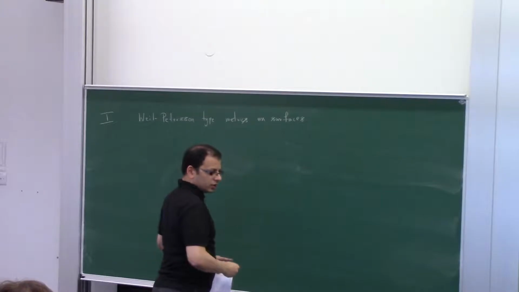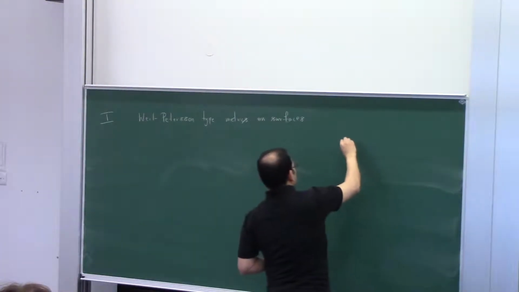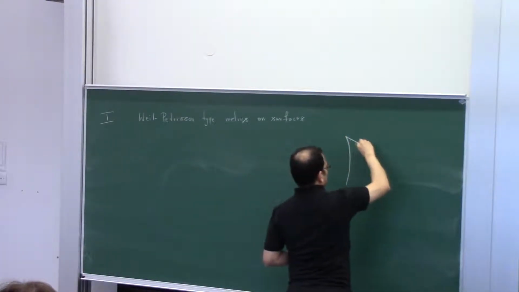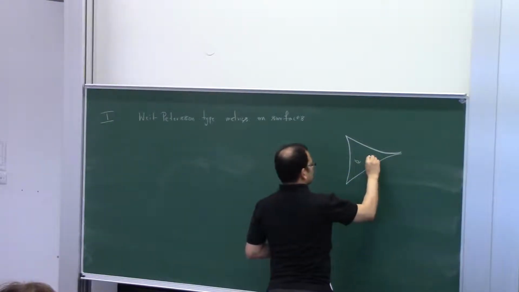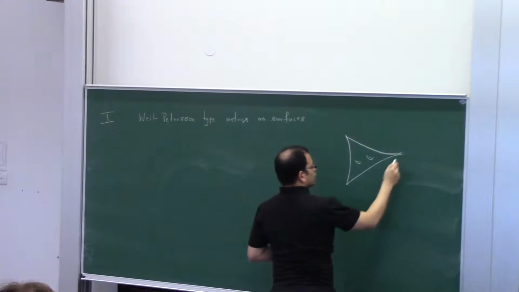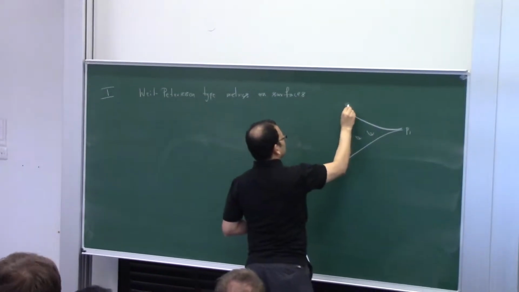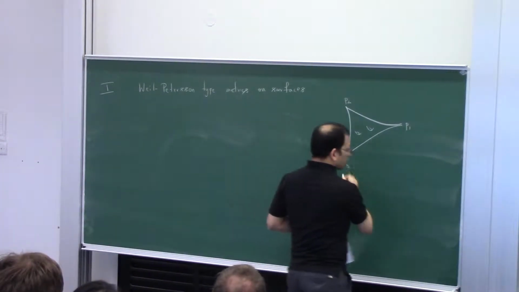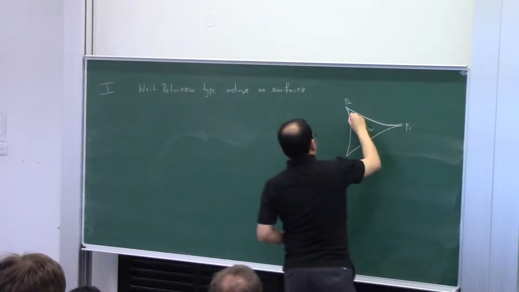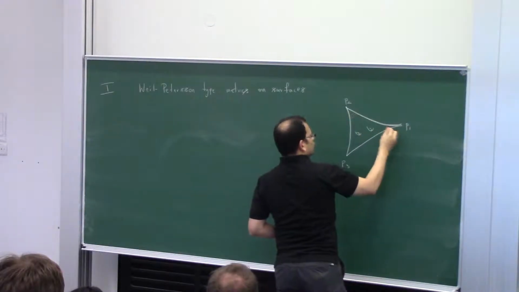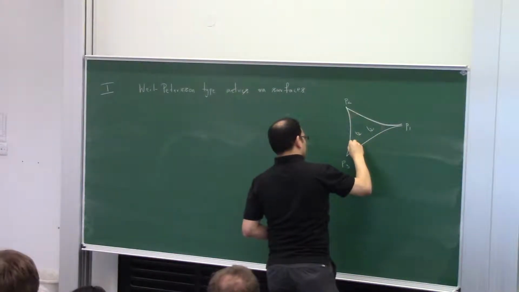So what is the picture? The picture is we have a surface with some number of marked points, which I'll call P_i.